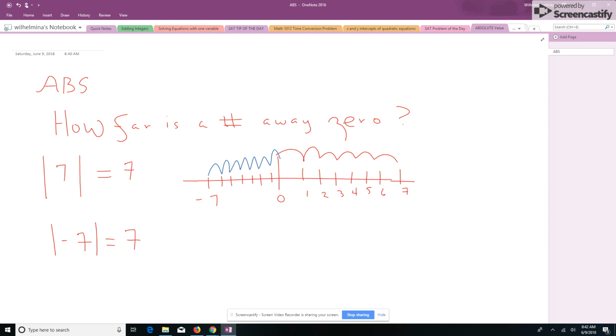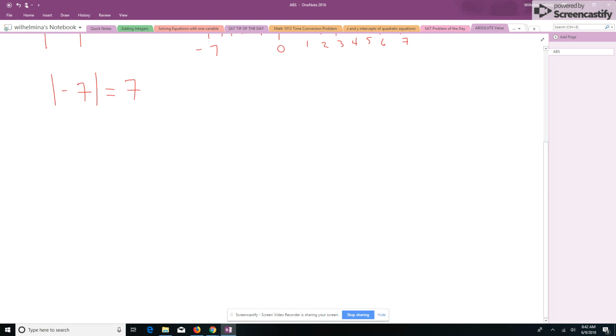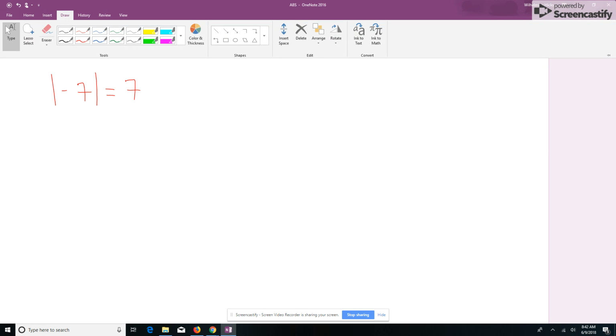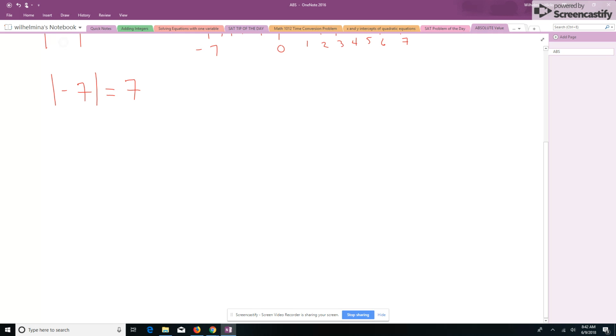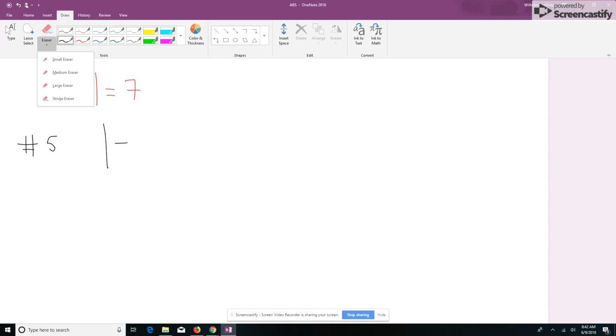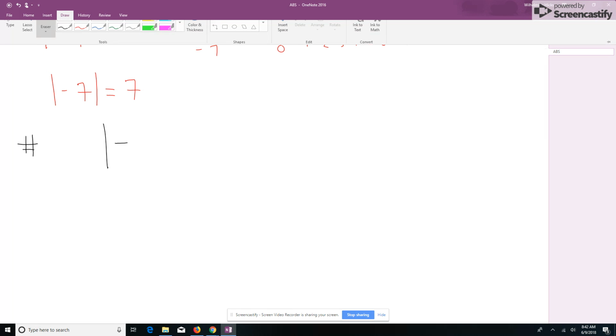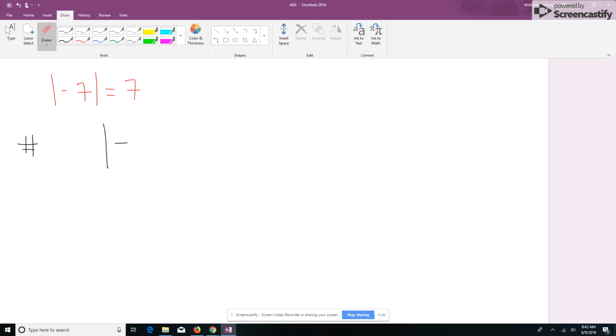So when we are talking about absolute value inequalities, for example, this would be an example like number 5 in lesson 5. Pardon me, number 4 in lesson 5.